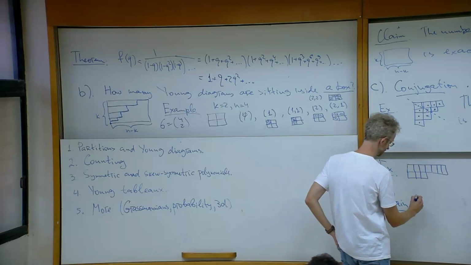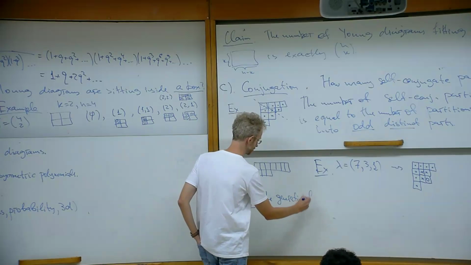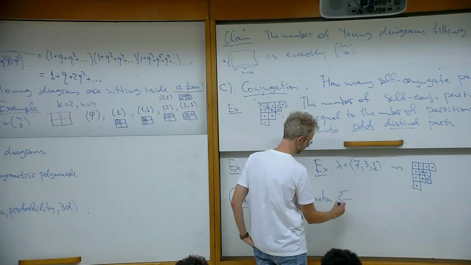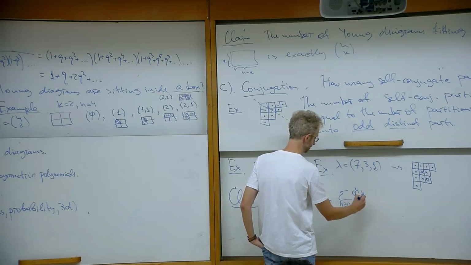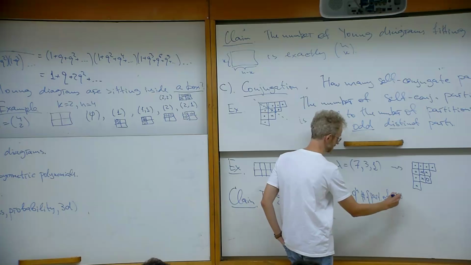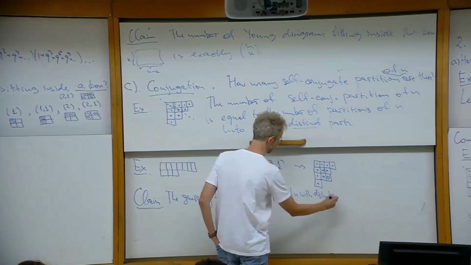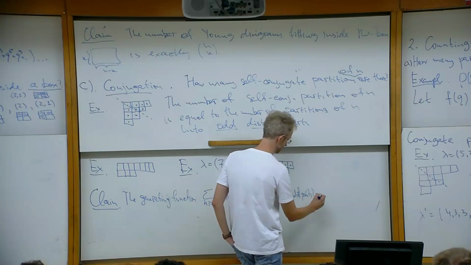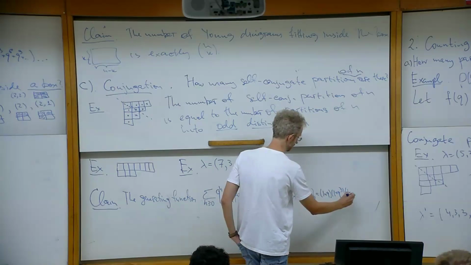So the generating function, which is given by the sum over all n greater than 0, u to the n, times the number of partitions of n with odd distinct parts, is equal to 1 plus q, 1 plus q, 1 plus q to the 5.